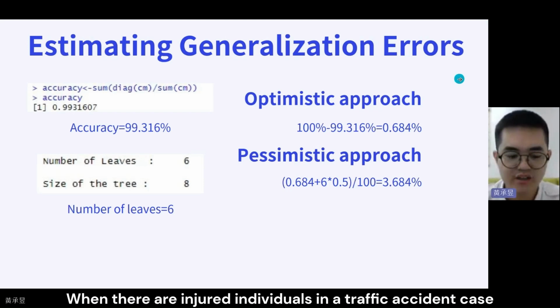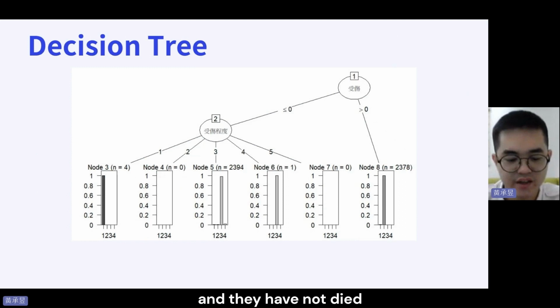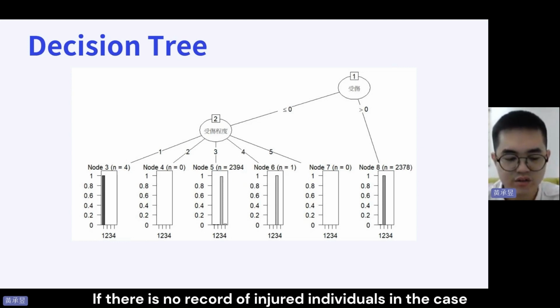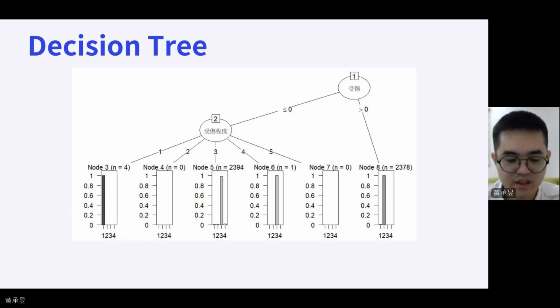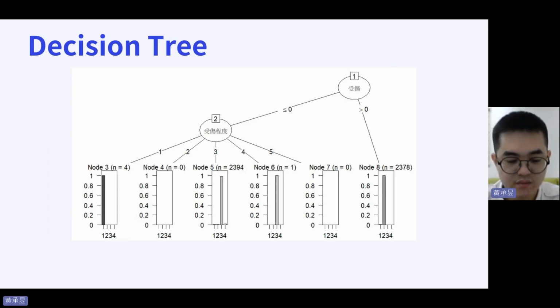When there are injured individuals in a traffic accident case and they have not died, the event is usually classified as a type A2 incident. If there is no record of injured individuals in the case, it may be because the person involved in the accident died at the scene, and such cases are classified as type A1 incidents.